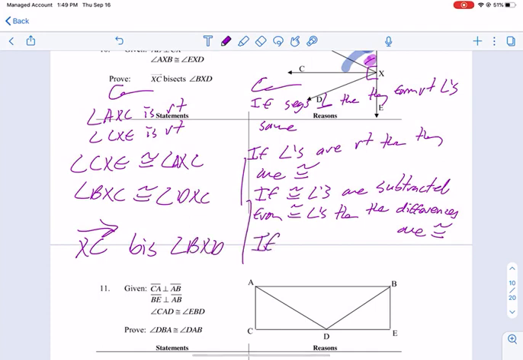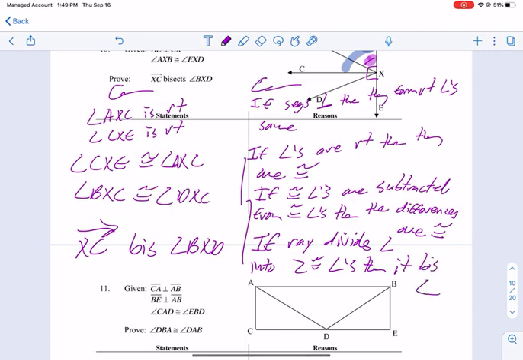So if ray divides angle into two congruent angles, then it bisects the angle. Okay, so we proved the thing we're trying to show with the last step.